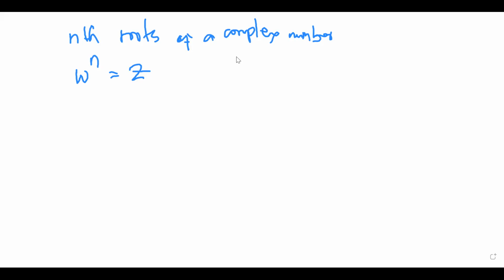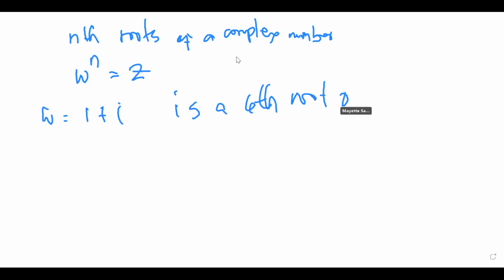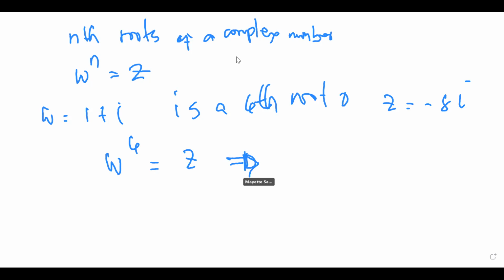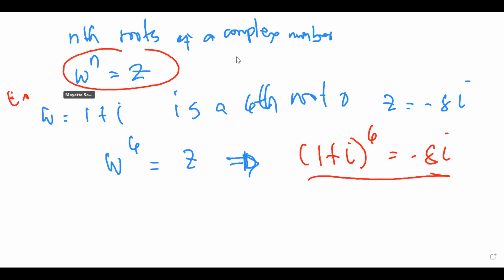So if w = 1 + i is a sixth root of z = -8i, then we will write this as w^6 = z, or (1 + i)^6 = -8i. It's basically what we have here.